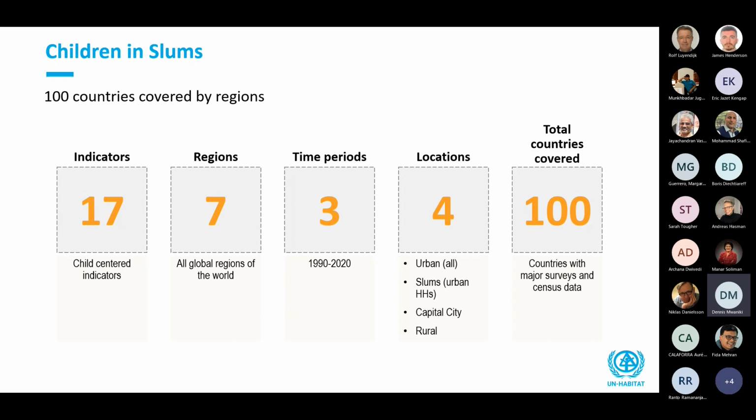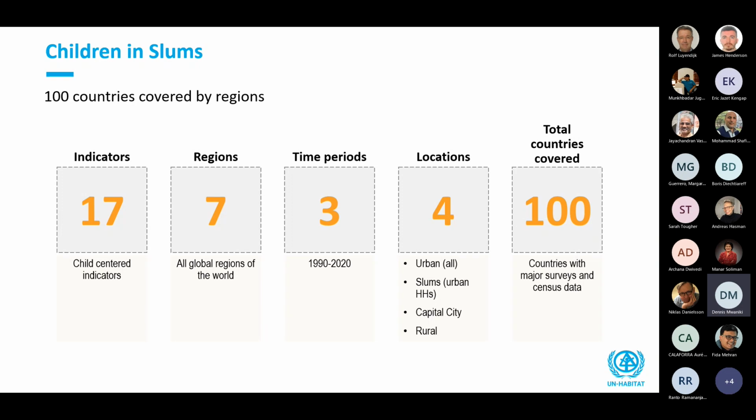So we've also produced data for different indicators based on this classification. So looking at things like health indicators such as malnutrition, diarrhea, malaria, child labor, and so on and so forth. And we produce this data for 3 time periods between 1990 and 2020.